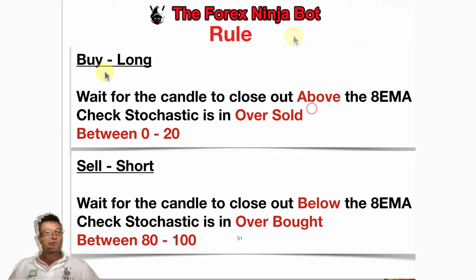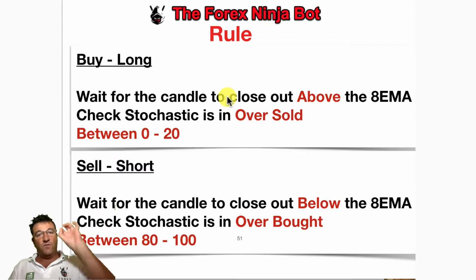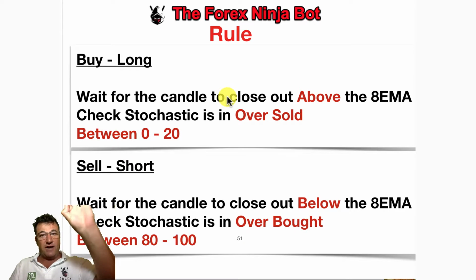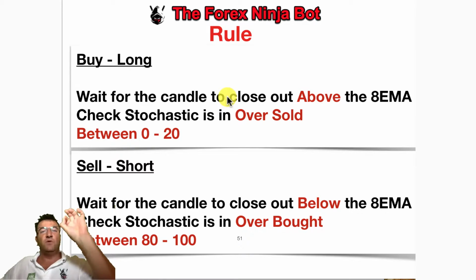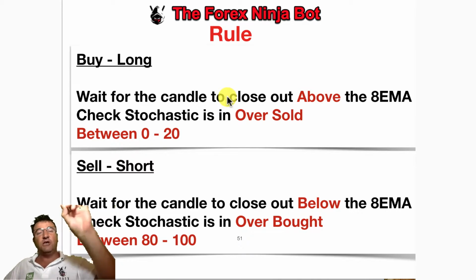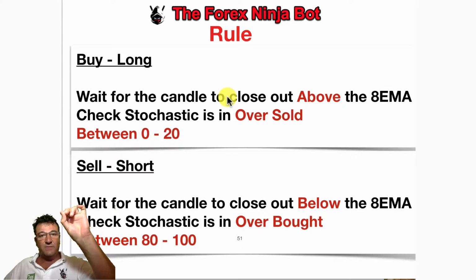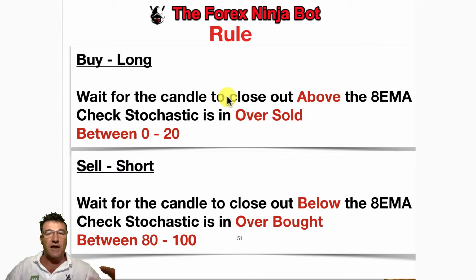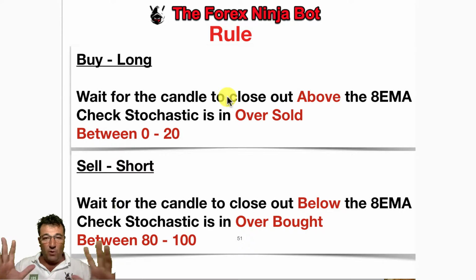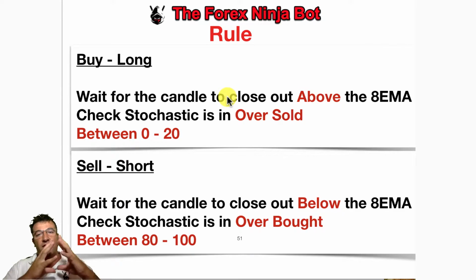So let's go over that again. Let's rehash that. For a long position, you wait for the candle to form a doji at the top of the trend above the 8 exponential moving average. When you see a doji at the top of the trend and above the 8 exponential moving average, get out of the trade immediately. Keep your profit and wait for the next candle to form below the 8 exponential moving average.